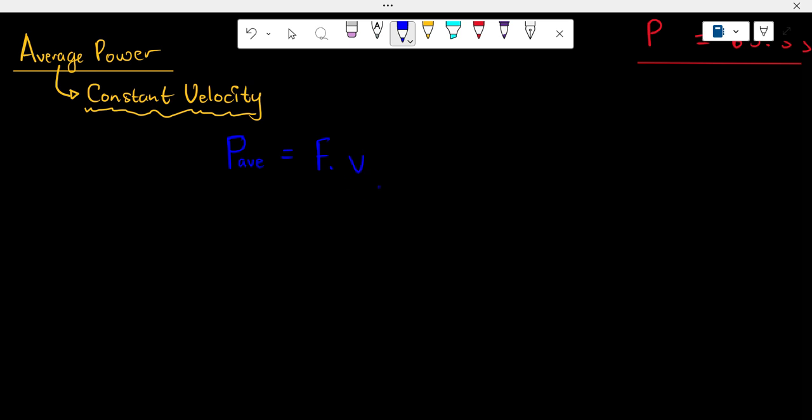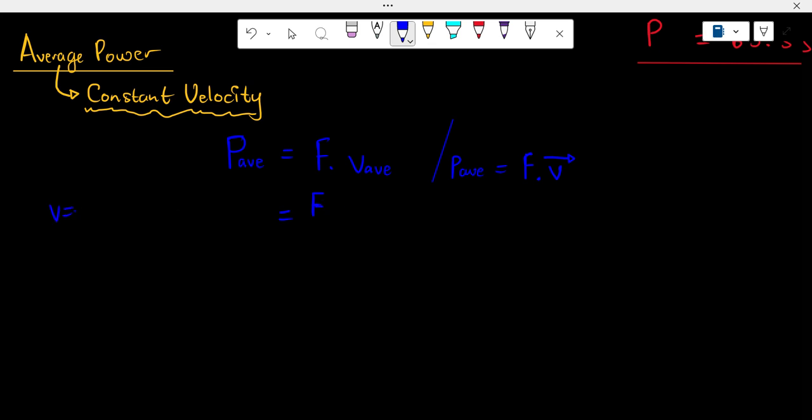So power equals the force times the average velocity. Sometimes your teachers might have this equation in this form: average power equals the force times v, and they would have an arrow over the v. If you further simplify this, guys, what do you realize? This is basically velocity, right? And by definition, velocity is defined as the rate of change in position, in displacement.